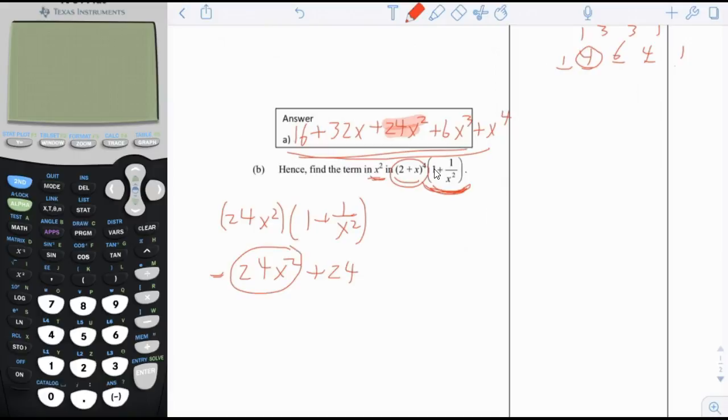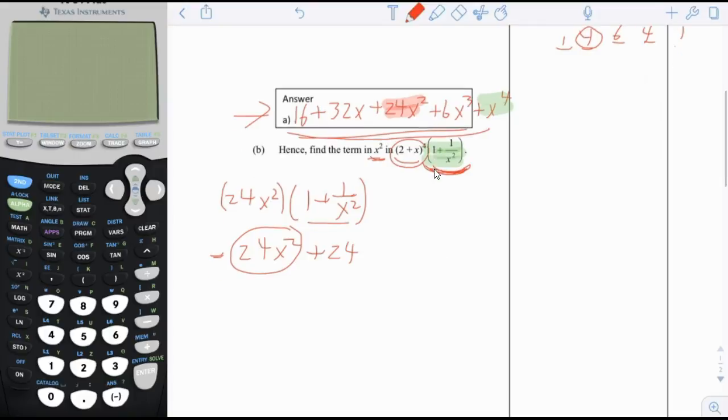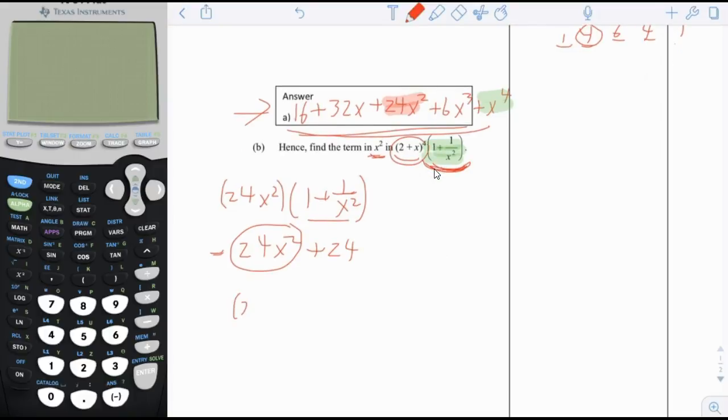Now, is that going to be the only part of this big expansion, multiplied times 1 plus 1 over x squared, that's going to give us an x squared term? And the answer is no, because remember that if we multiply x to the fourth times this binomial, we'll also end up with an x squared term. Here, let me show you: x to the fourth times (1 plus 1 over x squared) is going to give us x to the fourth plus x to the fourth over x squared, which is equal to x squared.